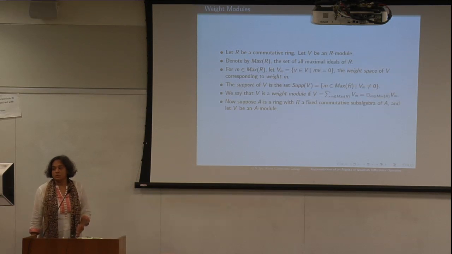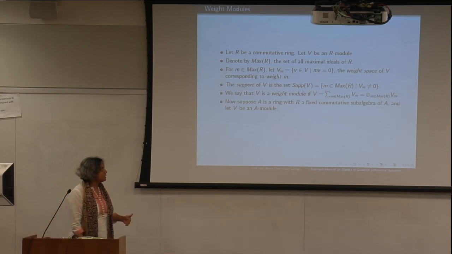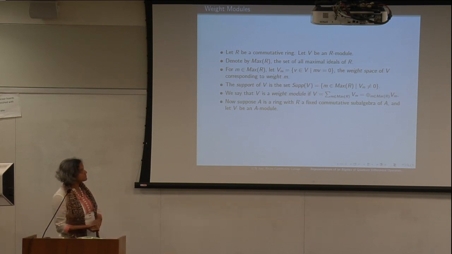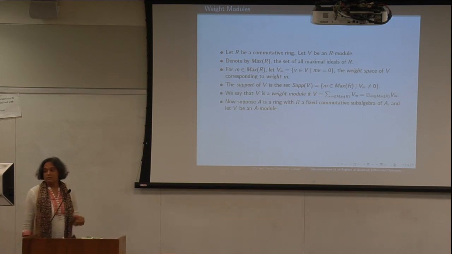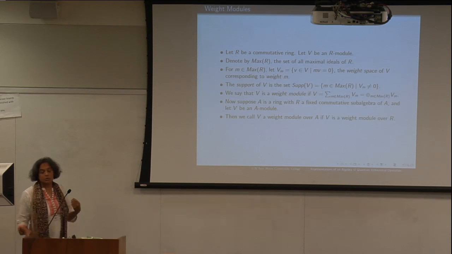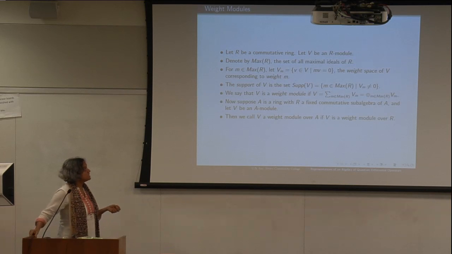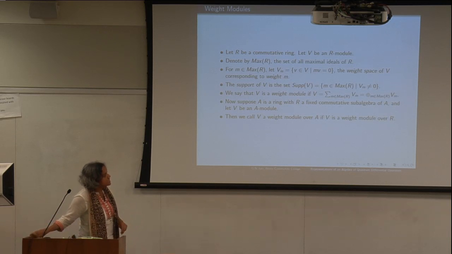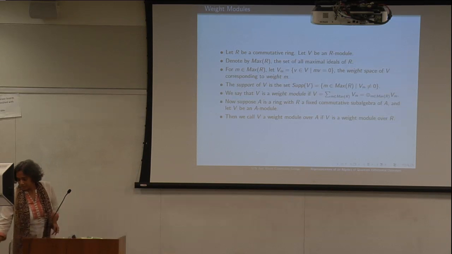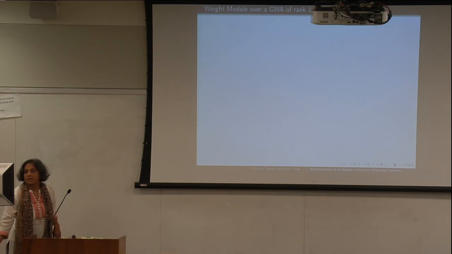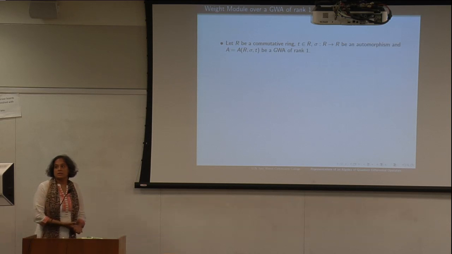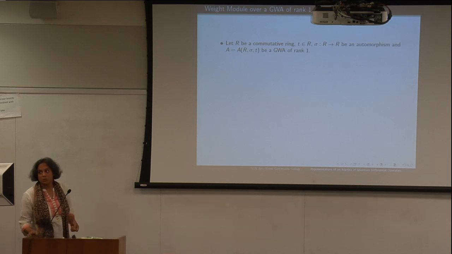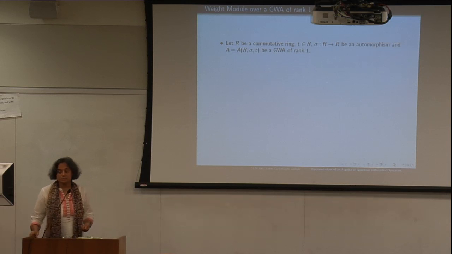Now say you have a ring with a commutative subalgebra R. If V were an A-module, then V is also a module over R. So we say that V is a weight module over A if V is a weight module over R. In particular, let's start with a GWA of rank 1.